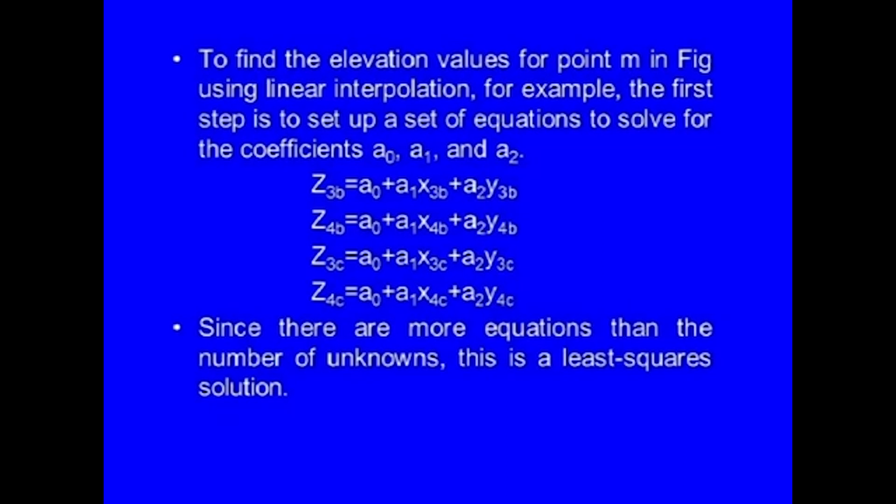The value Zb4 can be represented as a0 plus a1xb4 plus a2yb4. Similarly, the elevation value of Z3c can be expressed as a0 plus a1x3c plus a2y3c, and similarly Z4c can be expressed as a0 plus a1x4c plus a2y4c.